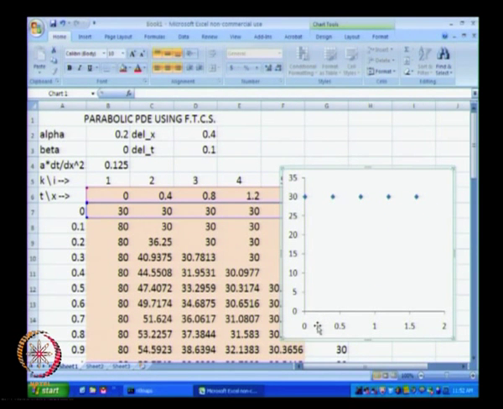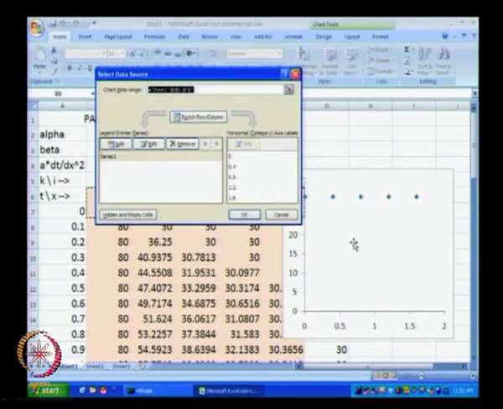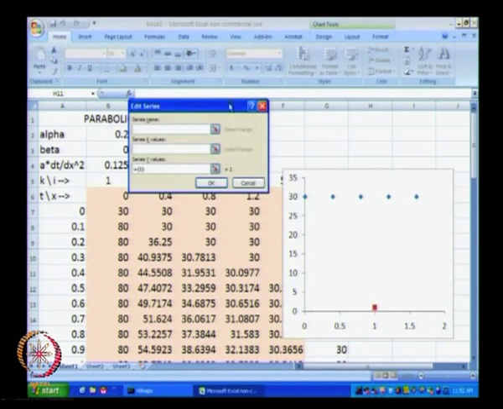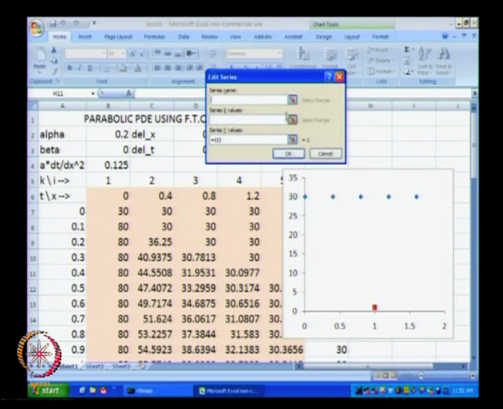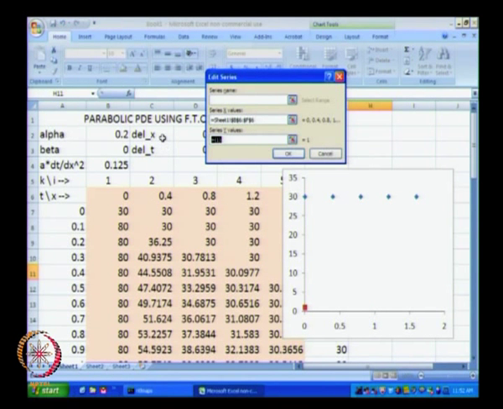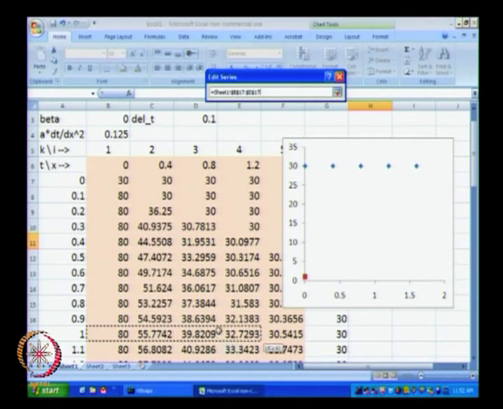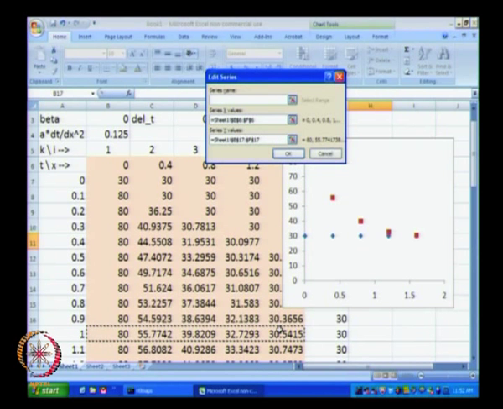Now we will add some more data. Select data, we will add a series. Now what we need are the x values, these are going to be the x values, and the y values we will have at time t equal to 1 second. Okay.